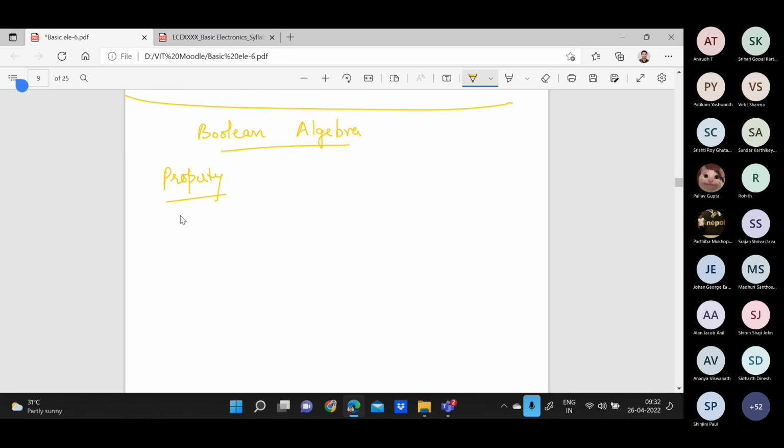Okay, suppose the first one is the associative property. The associative property says that if you have X dot Y dot Z, an AND operation for three variables, you can do one thing: X dot Y you do first and then with Z later, which will be equal to X dot (Y dot Z).